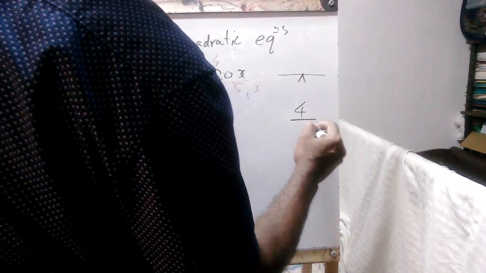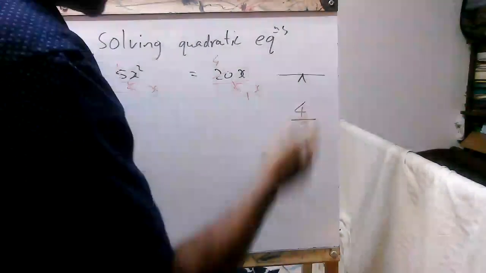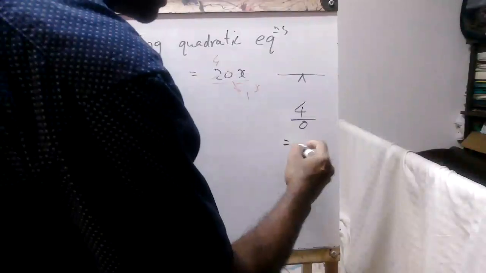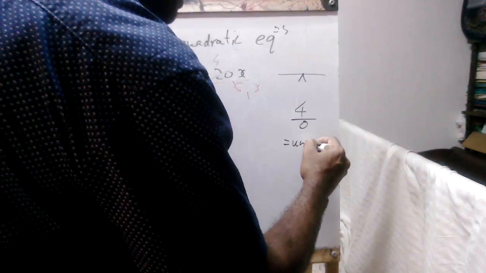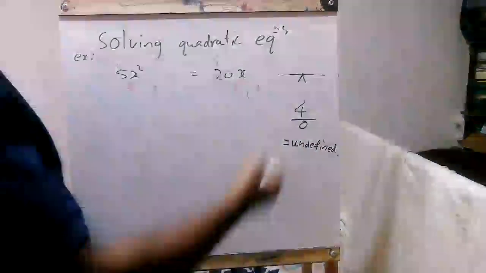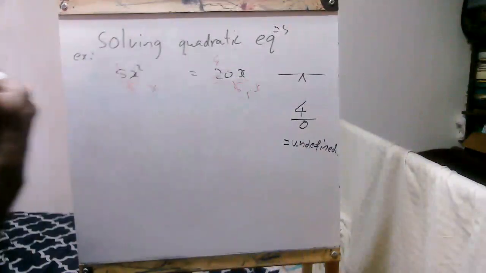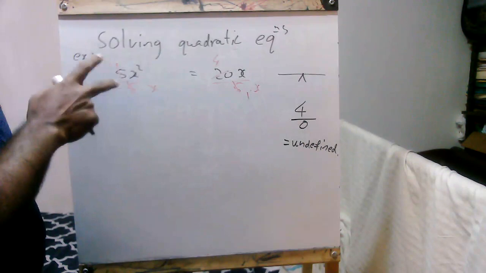Say we have number 4. Can we divide this by 4 and this by 0? If you divide anything by 0, the answer is undefined, or infinity. So that means we shouldn't divide by 0.